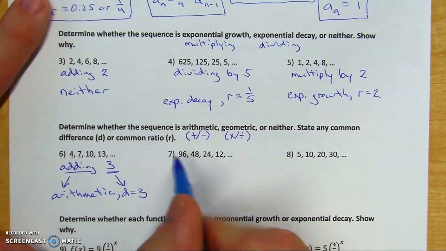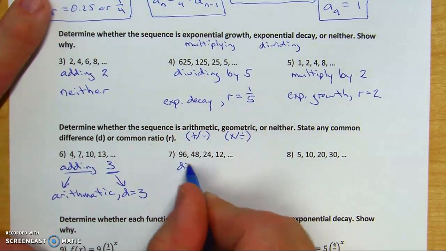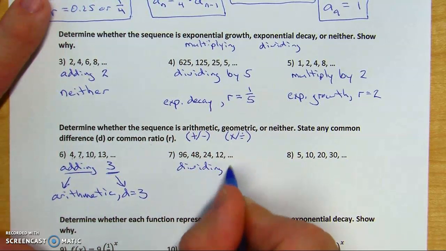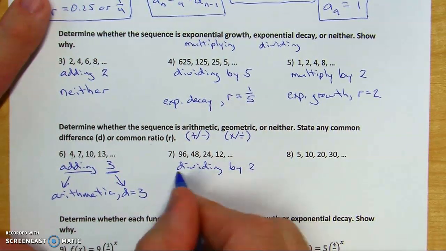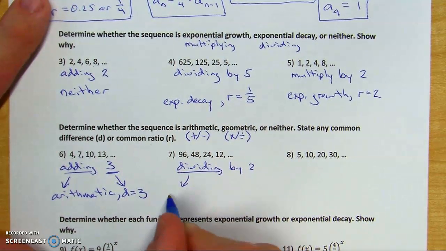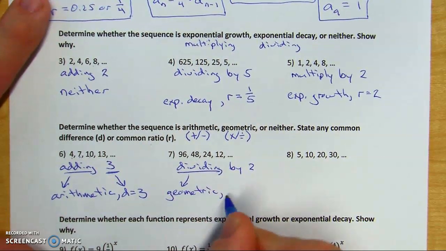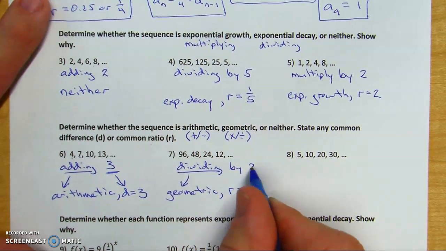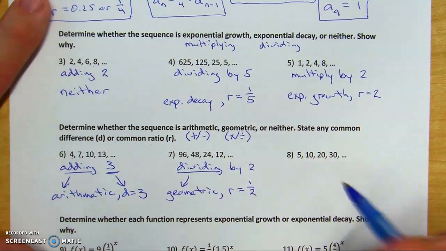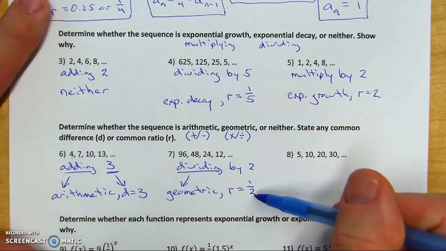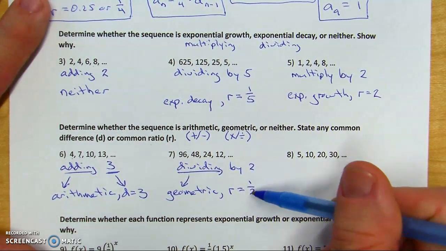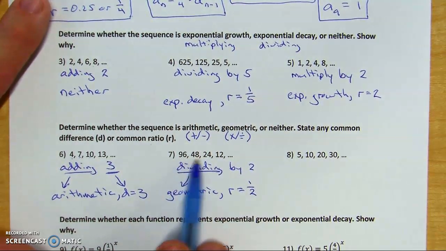On this next one, we are dividing by 2. Since it's dividing, that's geometric. And it's an r. Now it's not 2, it's 1 over 2. And you will lose a little bit of points if you tell me r is 2, because that would be saying it's getting bigger.